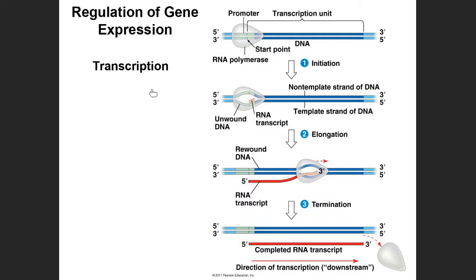Okay, listen carefully. For this chapter, you first have to start off by knowing the basics of transcription. First of all, you need to know for transcription to occur, what type of template do we need? A DNA template. What's going to be produced at the end of transcription? You need to know it's RNA.